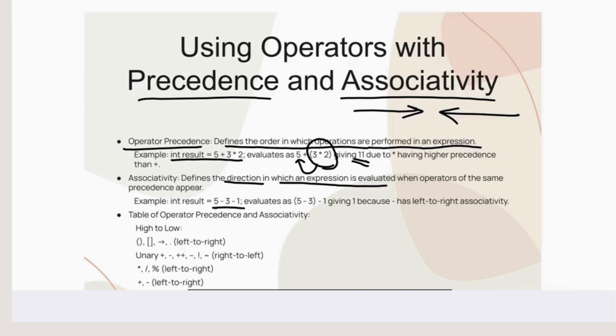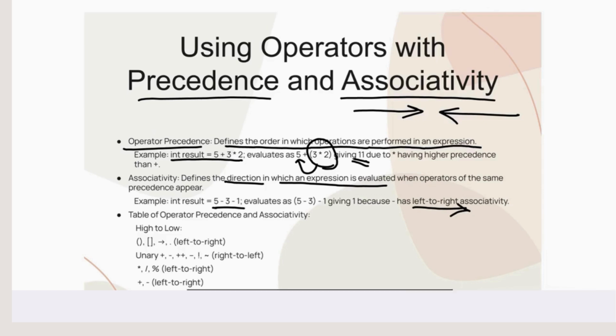As we see, the same operator, minus, is used here. First 5 minus 3 will be evaluated and then again minus 1 will be evaluated from the result. Hence, it is understood that it is executing from left to right. Not all operators execute from left to right.